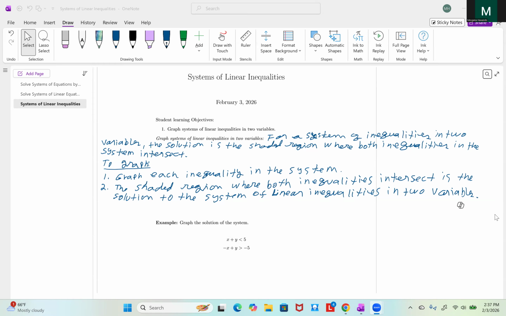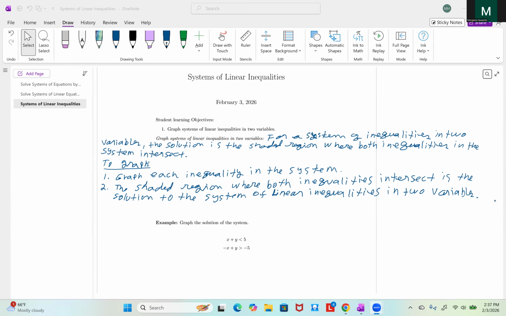For a system of linear inequalities in two variables, the solution is the shaded region where both inequalities in the system intersect. So here we have a system of inequalities in two variables, so two inequalities and two variables.